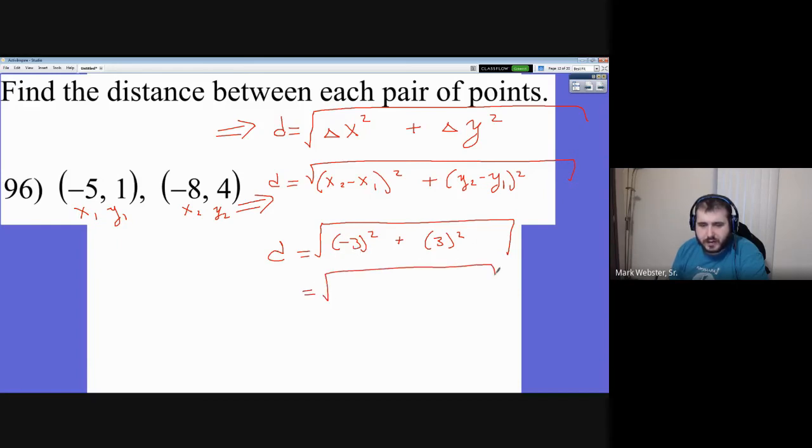Anything squared is positive, so -3 squared is just 3 squared, which is 9. 3 squared is also 9, right? 3 times 3. I do this out and I get radical 18. Now, that right there is not done because we can simplify that radical.